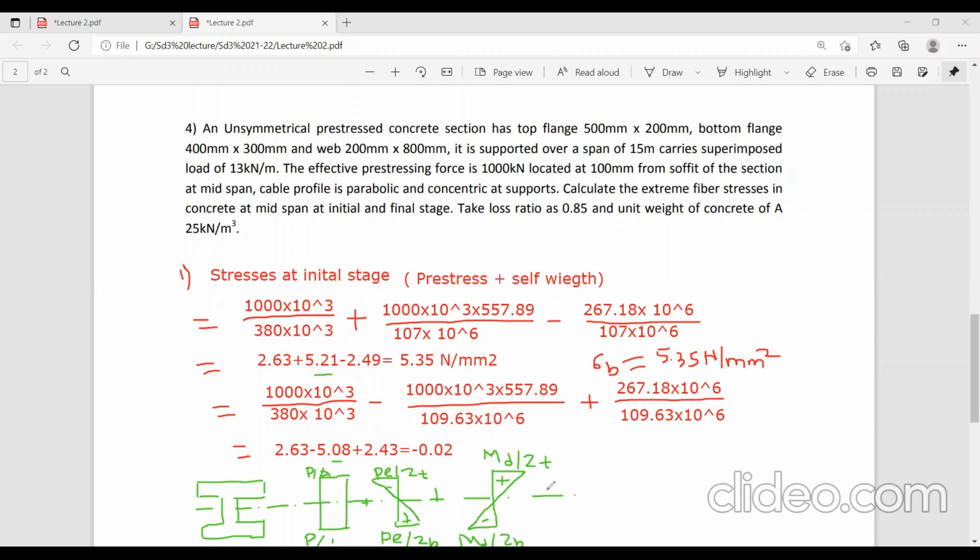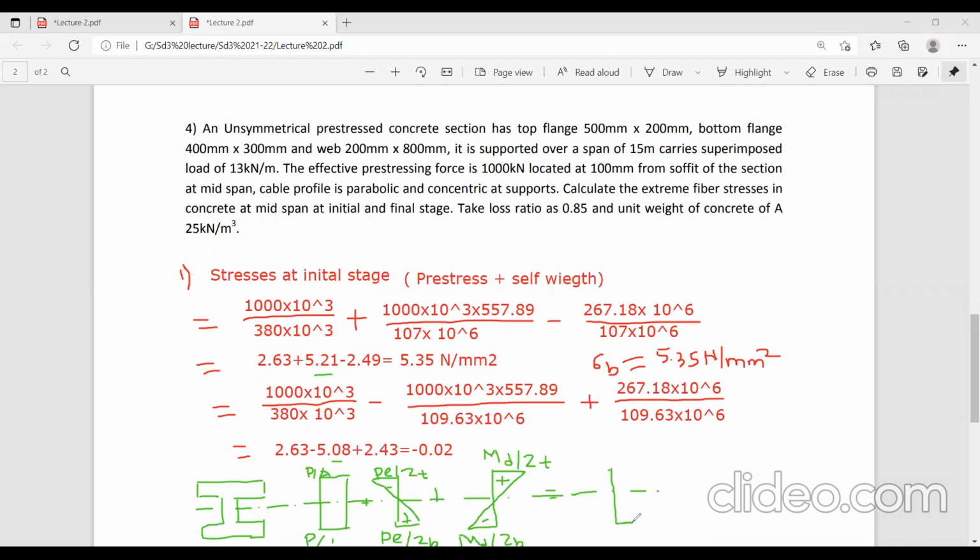So you can draw the final stress diagram now. By adding all these three diagrams, you'll get the final stress diagram. At the top it is near about 0, at the bottom it is 5.35.